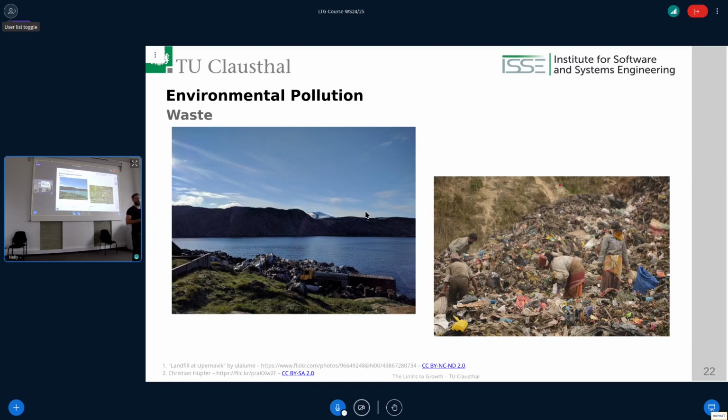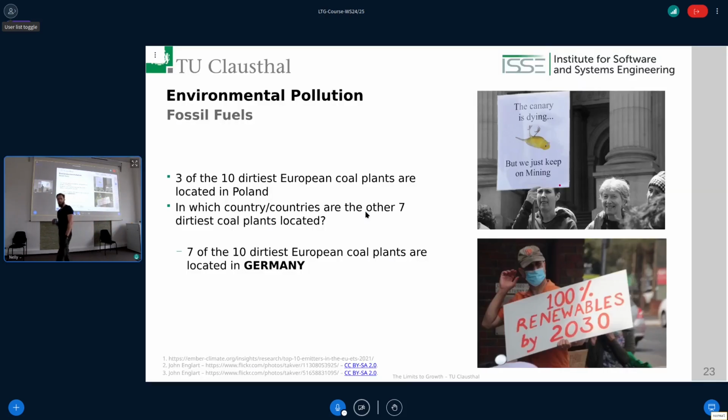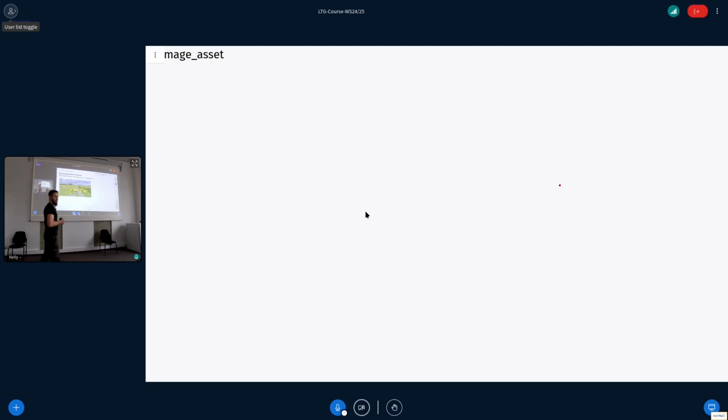We also talked about exporting our waste to other countries and essentially just leaving it there to pollute someone else's backyard. And we also talked about our green German agenda, while at the same time having 7 of the 10 dirtiest coal plants in Europe.